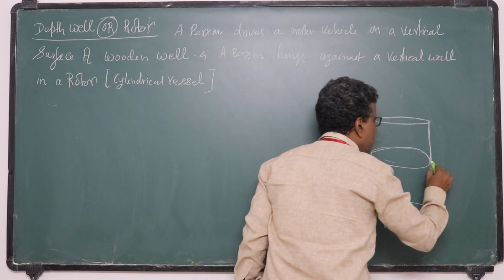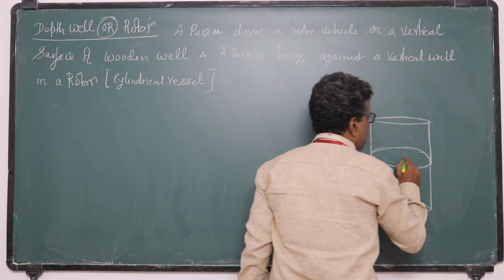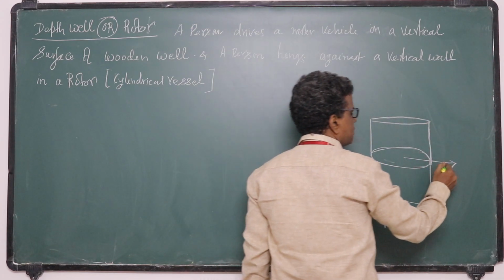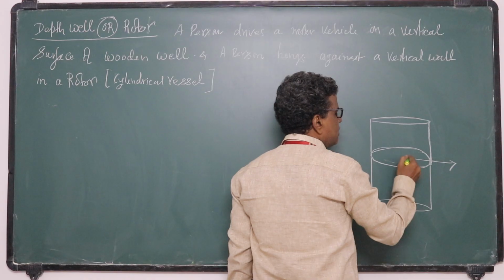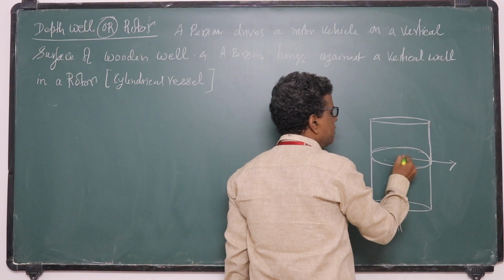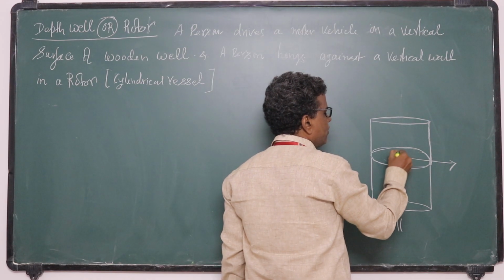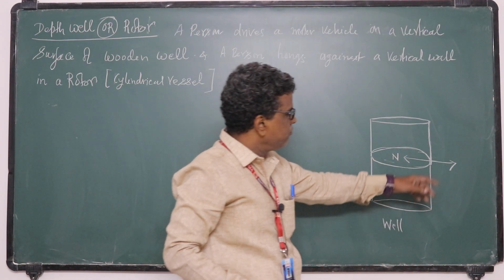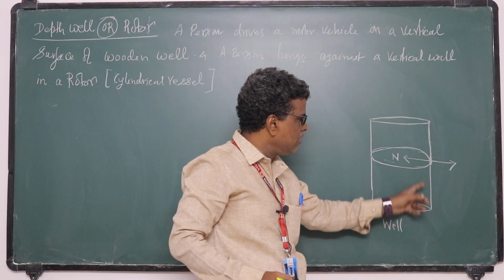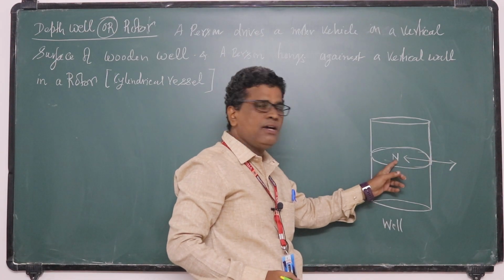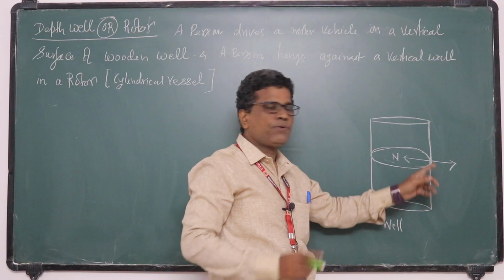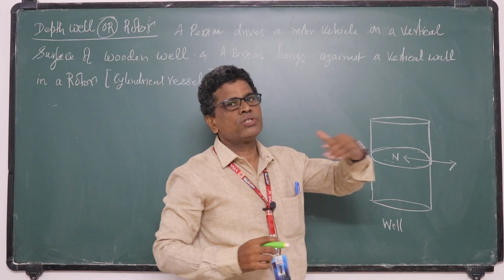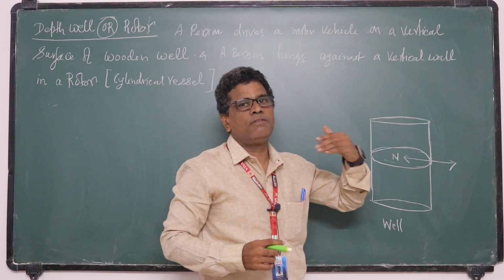When he is driving on the vertical surface, he has to exert a certain force on this vertical surface. This surface is a fixed one, and it in turn exerts a normal reaction. That force exerted by this vertical wall on the person will be N. While rotating, he exerts a certain force on the vertical wall.